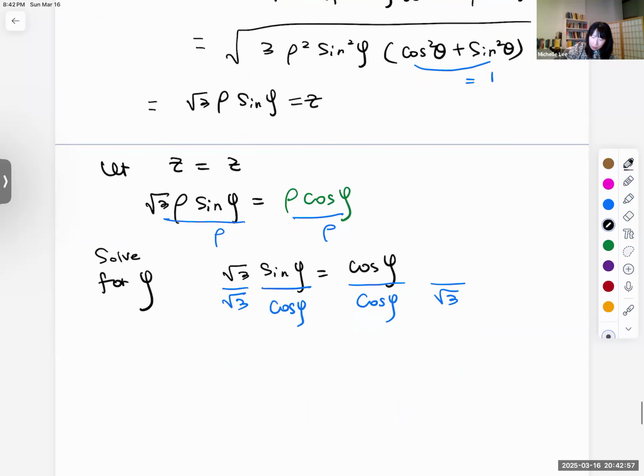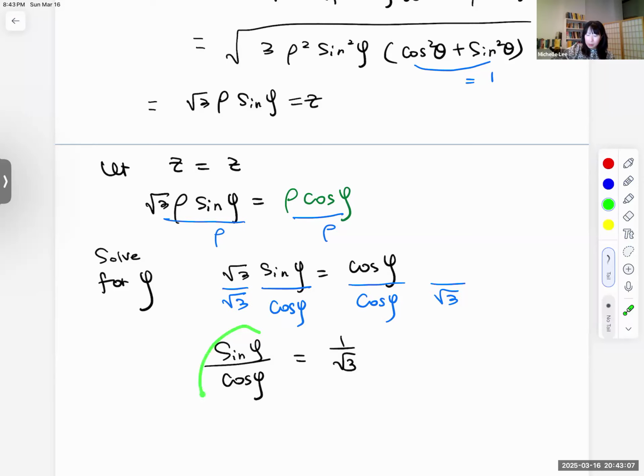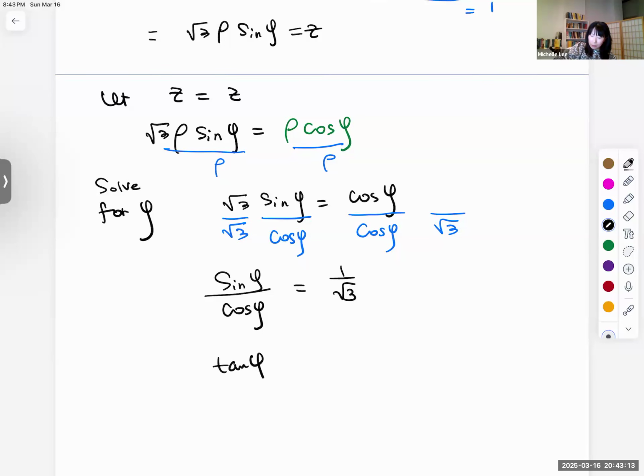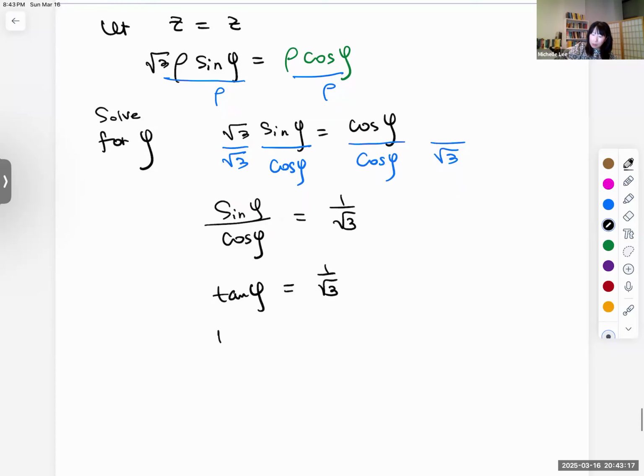So on the left side, we have sine phi over cosine phi equal to 1 over square root of 3. Okay, so what do you get? Sine phi over cosine phi is tangent phi, right? So tangent phi equals 1 over square root of 3. Then what's the inverse tangent of 1 over square root of 3?